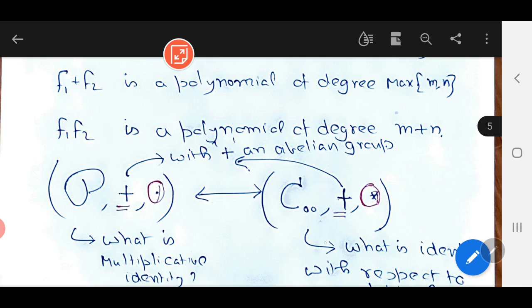In the same way, in C00 also one can look for the multiplicative, that is convolution, identity. Convolution is a commutative and associative operation, and in fact it is a commutative monoid with that operation.